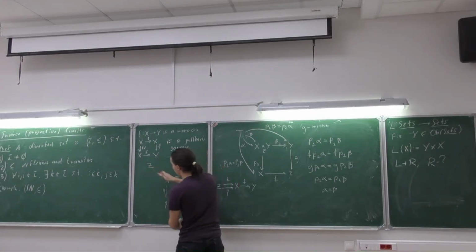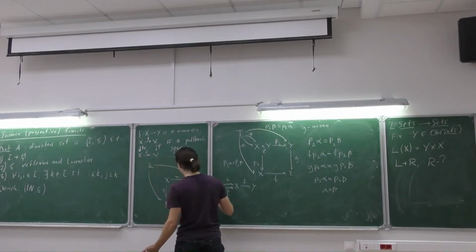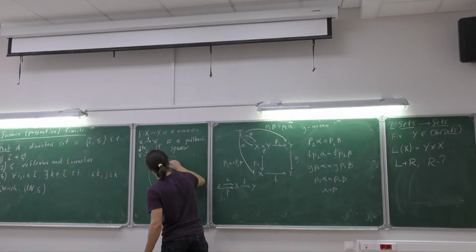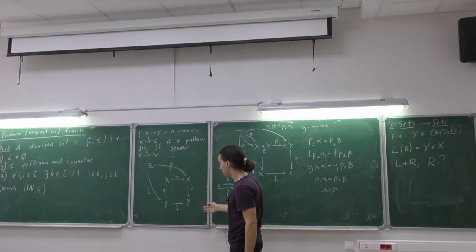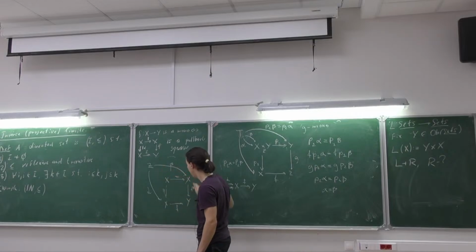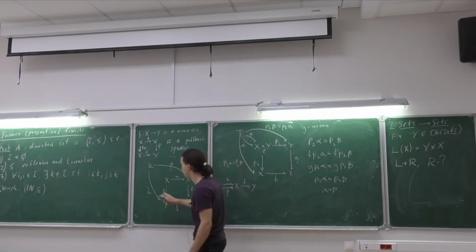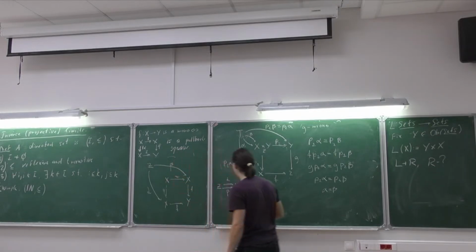it means we have an object Z equipped with two maps, let's call them alpha and beta. If this is a cone, this means that compositions alpha f and beta f are equal. But since f is mono, this means exactly that alpha equals beta.